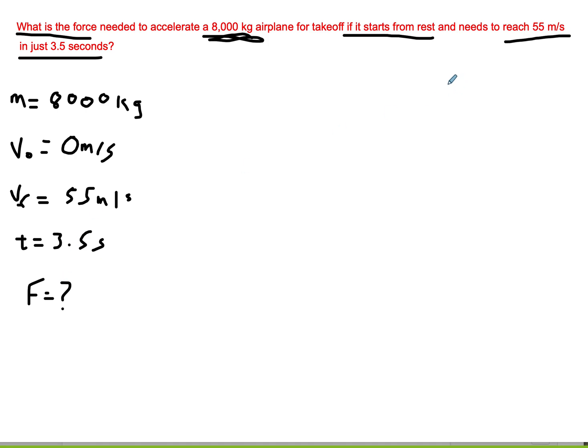And we know we want to find force, and we have one equation right now for force, and that is that the net force is equal to the mass times the acceleration. Okay, I have the mass, but I don't have the acceleration. But I'm going to use this information right here to find my acceleration. So this is another two-step problem.